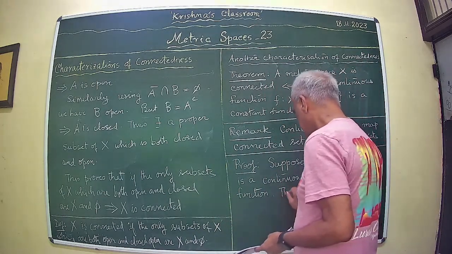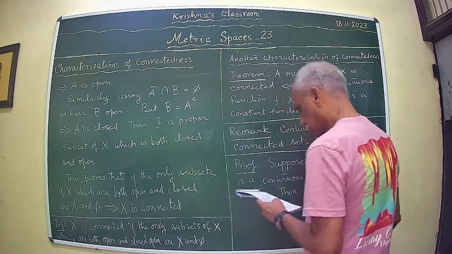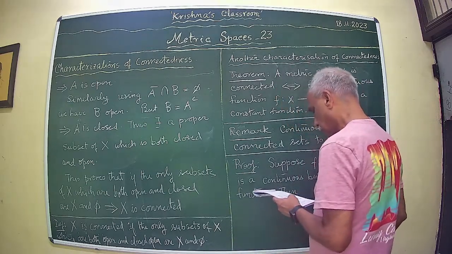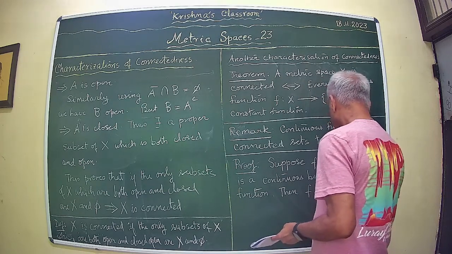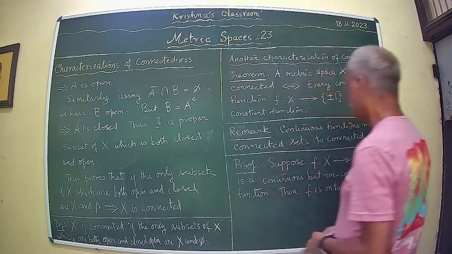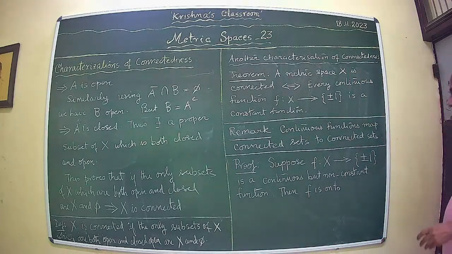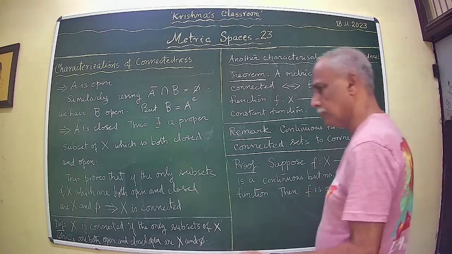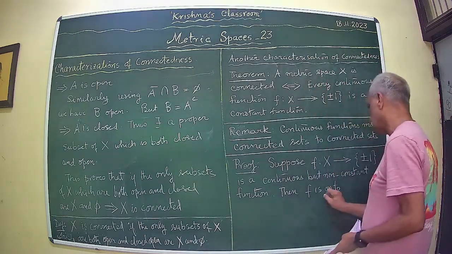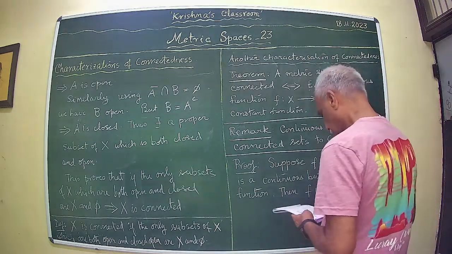Then f is onto, because it is non-constant, it takes both the values +1 and -1 at some points. Therefore, this is onto.